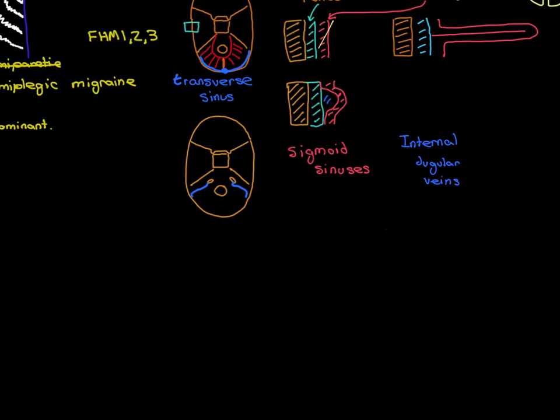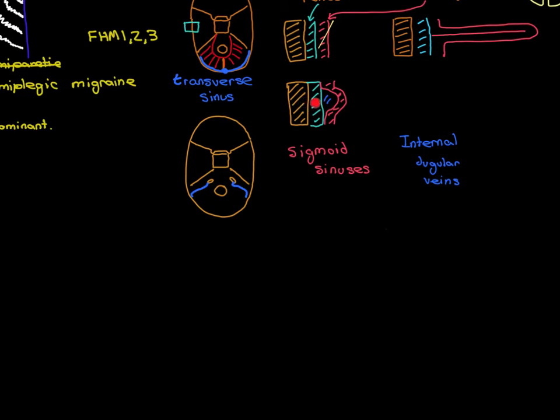And the way that will work is you'll have a temporary hole in the periosteal dura mater. So remember, this is in between the periosteal and the meningeal dura mater. Where the jugular foramen is, you'll have a hole in the periosteal dura mater, and then this sinus will come down to that hole, and then the blood will be able to pass through that hole in the periosteal dura mater, through the hole in the bone.